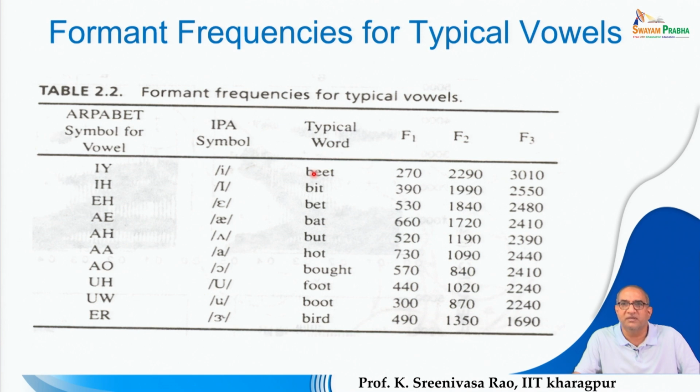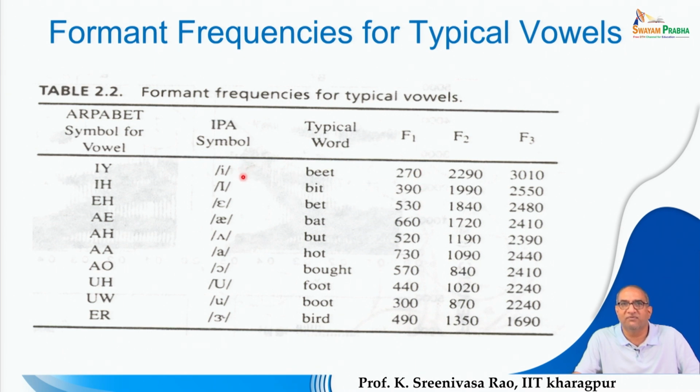From each person, 10 different vowels were collected, maybe as isolated vowels. Then they measured the frequencies and took the average across all the people. These are the mean F1, F2, F3 corresponding to the vowels E, A and so on.